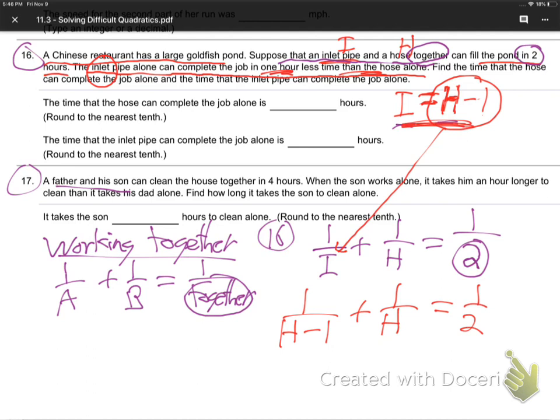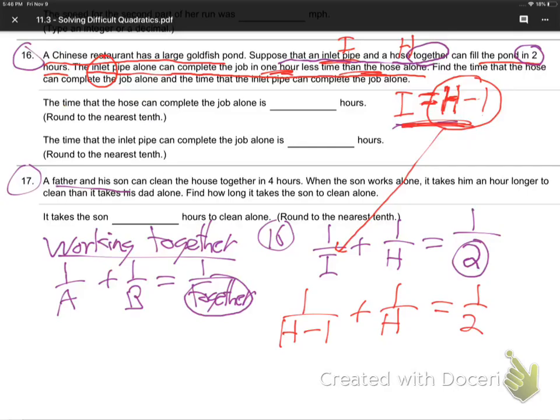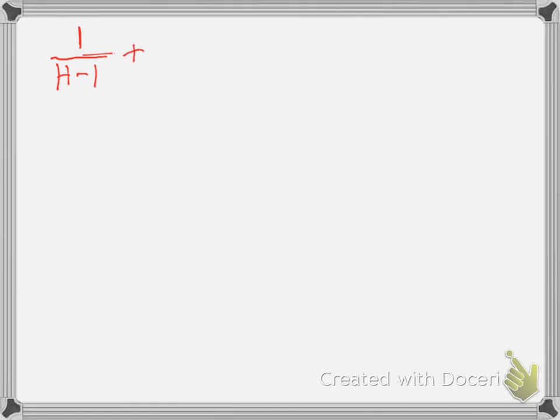Let's go to a fresh screen. So 1 over hose minus 1 plus 1 over hose is a half.